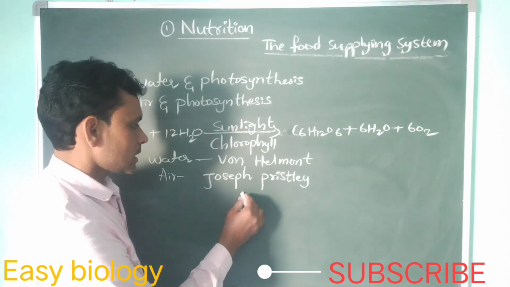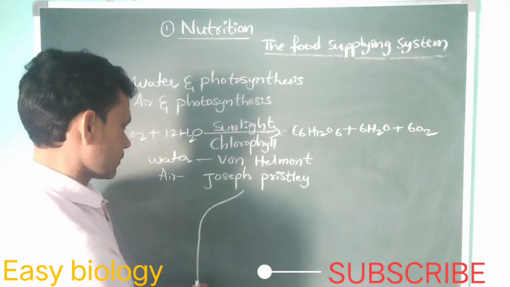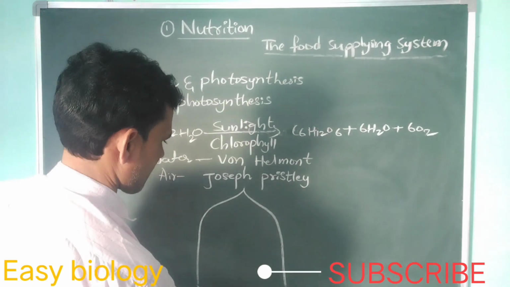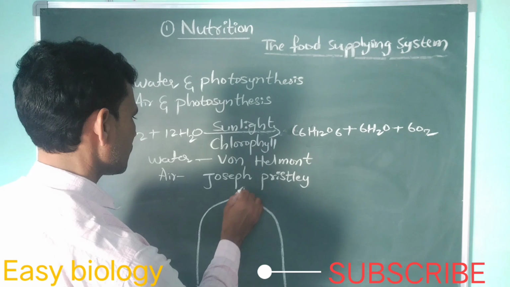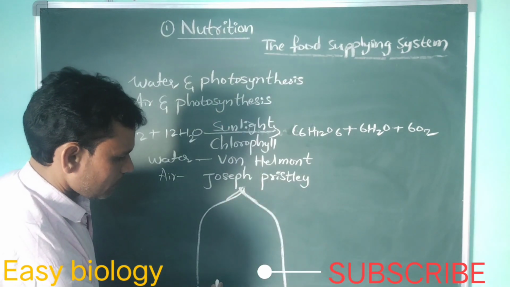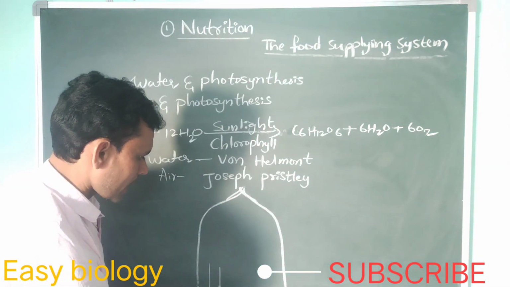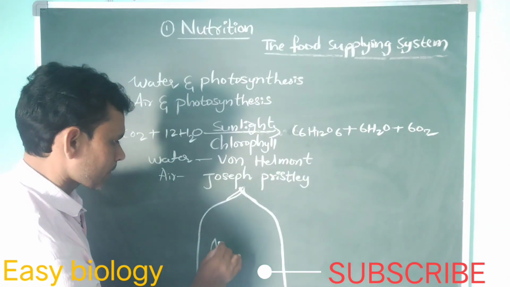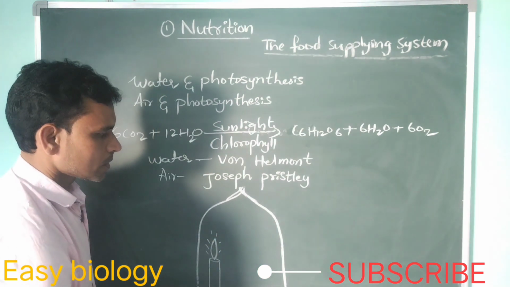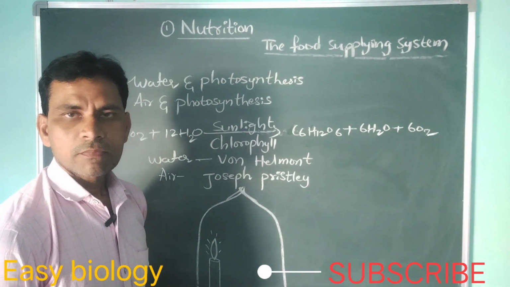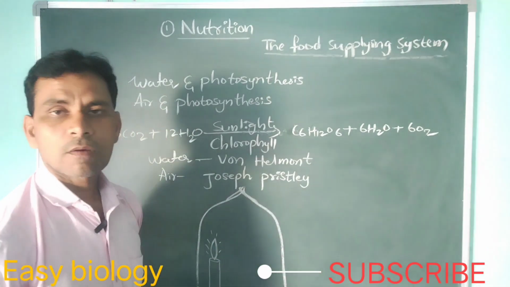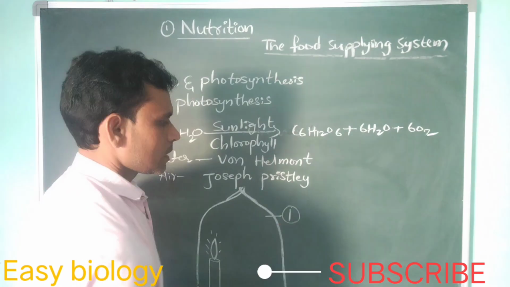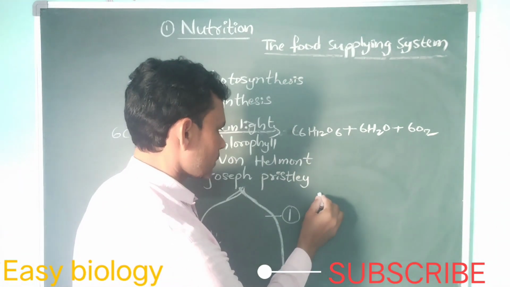For this purpose, first he took a bell jar and kept a burning candle inside. It burns for some time, and after that it stops burning. This is experiment 1. Then he did another one.